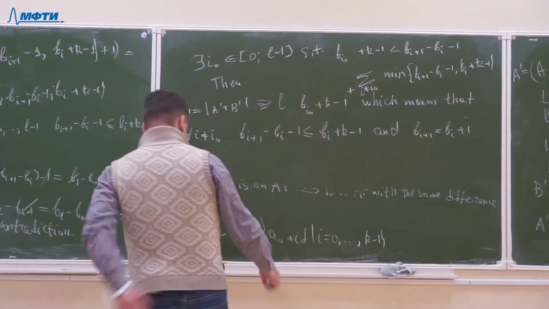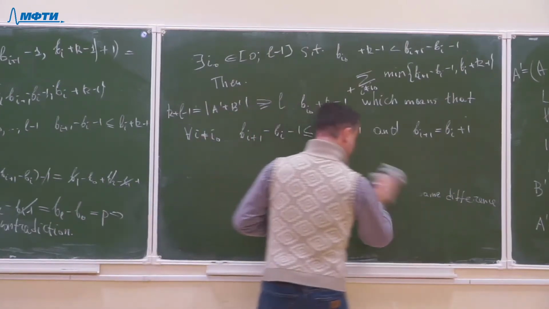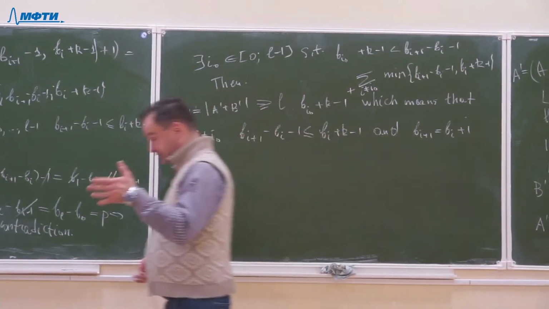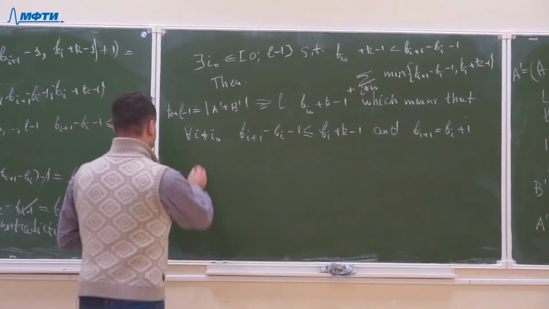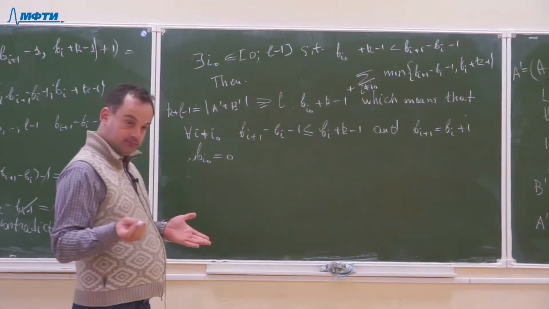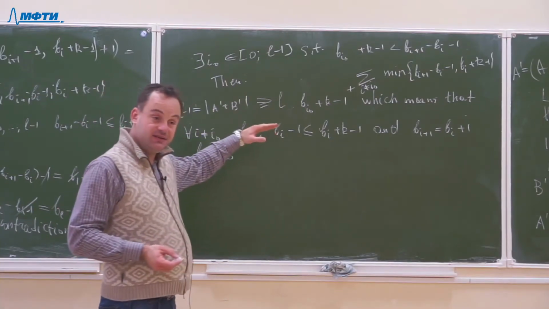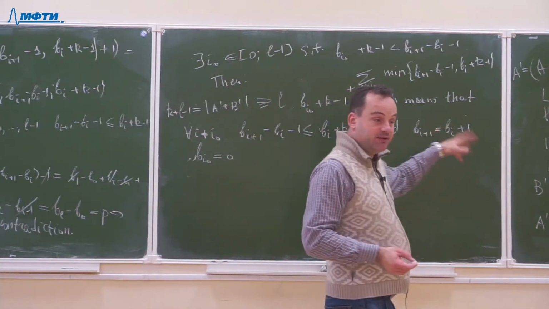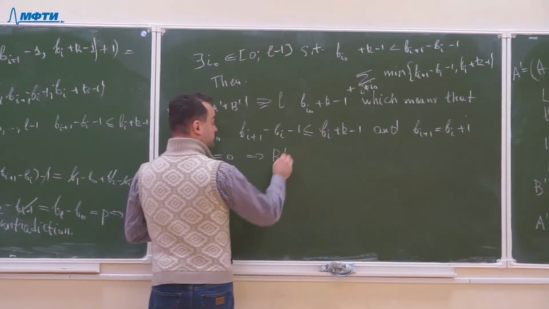So what we showed is that actually this Bi0 is 0. So it's B0 actually, and all the others are the previous one plus 1. So this B prime is also integral.